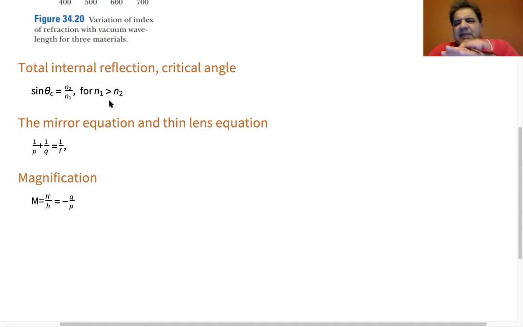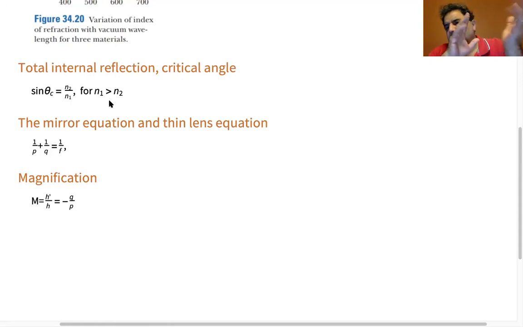Okay, magnification. The magnification is H prime over H, which is equal to minus Q over P. So if you know the object distance and the image distance, it's minus the image distance divided by the object distance.